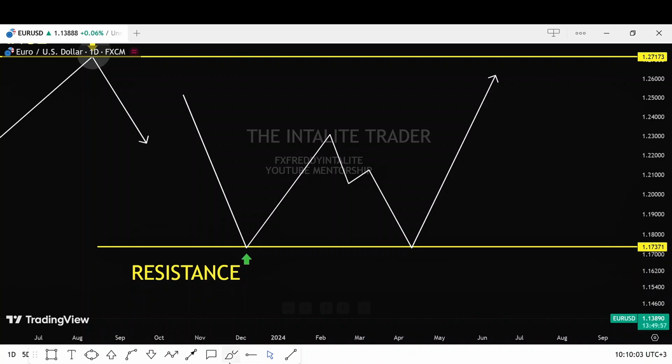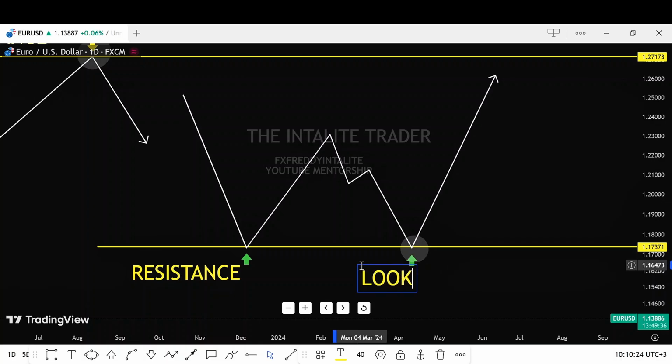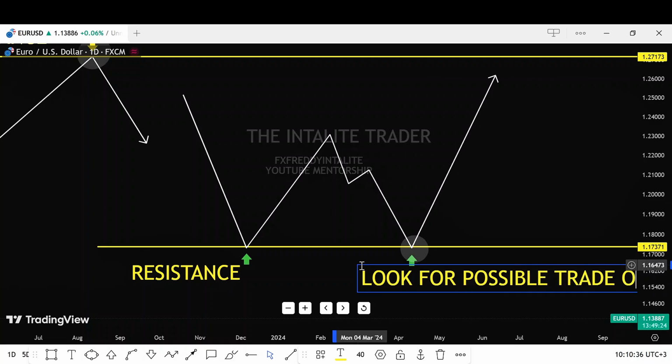And then price comes back into the same area in the future here. So we shall look for possible long trade opportunities in this same area. So here look for possible trade opportunities.